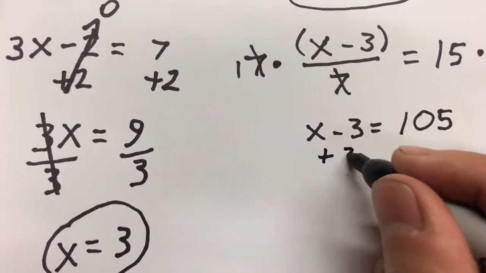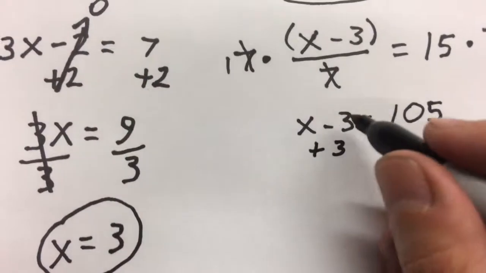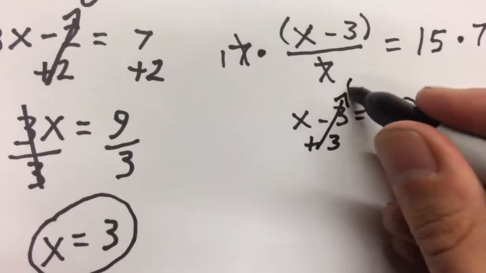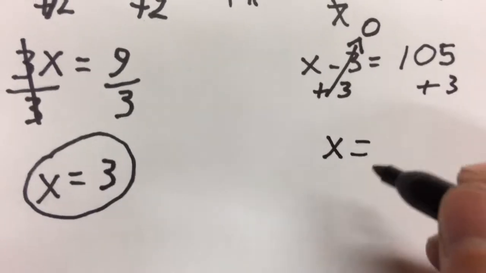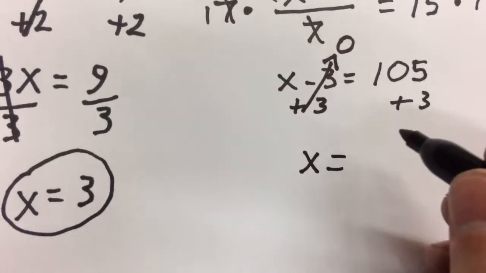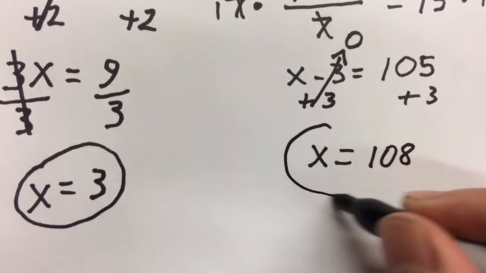If we add 3 to both sides of the equation, then minus 3 plus 3 is equal to 0. So that just leaves us with x on this side. 105 plus 3 is equal to 108.